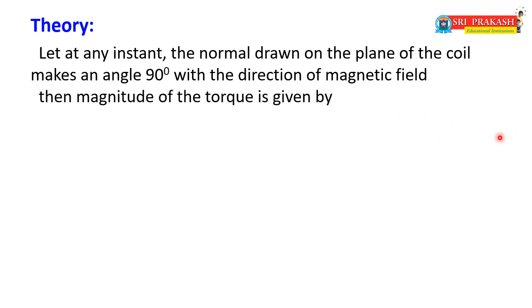Then at that position you can assume the magnitude of the torque is tau equals B into NIA. Actually sin theta also should be there, but theta is 90 degrees, sin 90 degrees value is 1, so that is why B into NIA. N is the number of turns, I is the current passing in the coil, and A is the area of the coil.